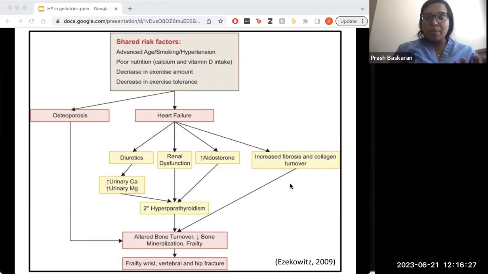But there also may be a link in the fact that patients with heart failure tend to have elevated aldosterone levels, and those are also commonly seen in the OP patients and the fracture patients. So that's something that I think we should also recognize when we're managing these patients, more in probably the outpatient clinical setting, because you can actually make a difference in OP management versus in the inpatient setting, where it's difficult to risk stratify these patients.